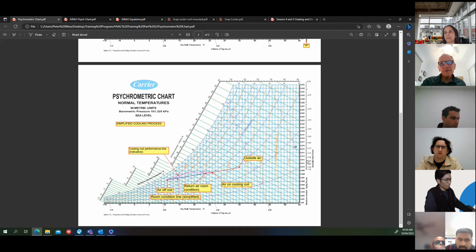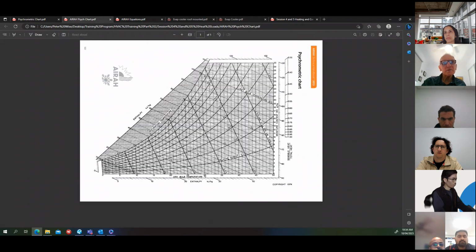What Camel does is look at the heat load and the relationship between sensible and latent heat, or sensible and total heat, and calculates a sensible heat factor. And then there's a pivot point. I'll go to the other chart. See this pivot point here, this circle? That's called a pivot point.